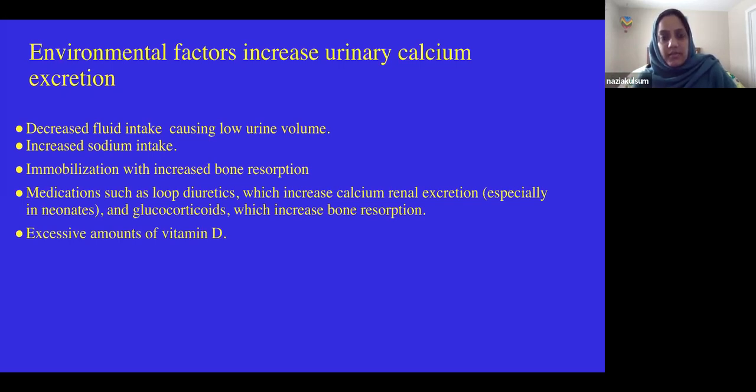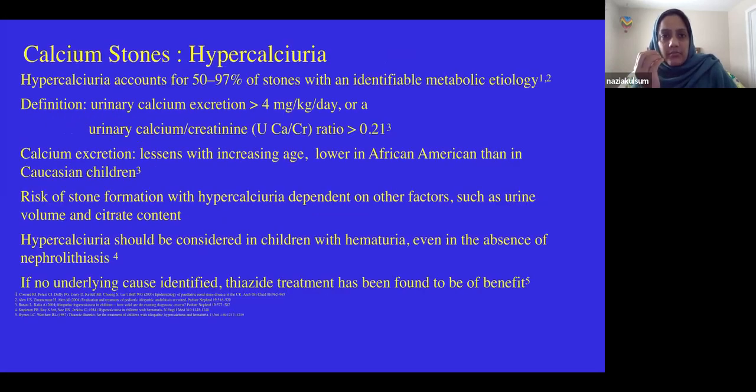So once you have increased calcium in the urine, the calcium can bind to either oxalate or phosphate. But let's start with the main condition here, the hypercalciuria. So hypercalciuria accounts for almost 50 to 90% of the stones. And by definition, as I had told, urine calcium to creatinine ratio on a random specimen more than 0.2, or on a 24-hour more than 4 milligrams would be a definition for hypercalciuria.